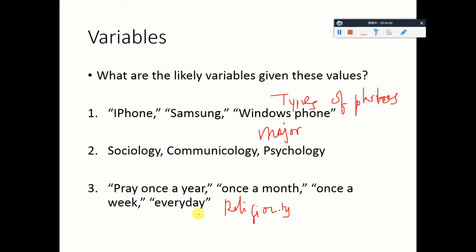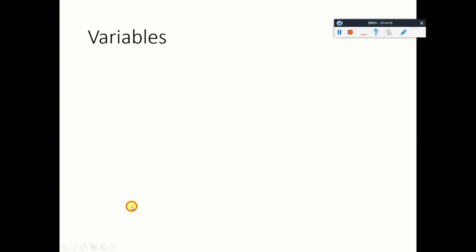How strongly a person believes in a certain religion. So these are values, and this is a variable. Okay, so now we understand the relationship between values and variables, right?